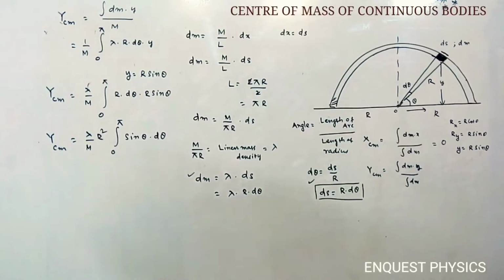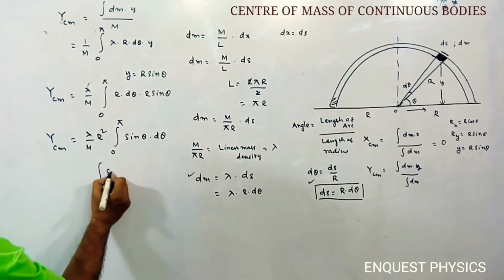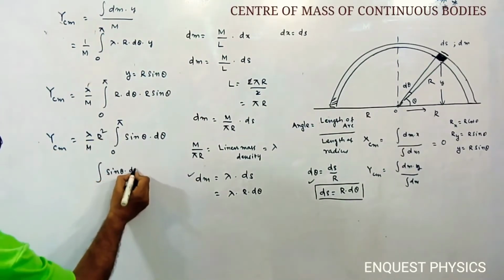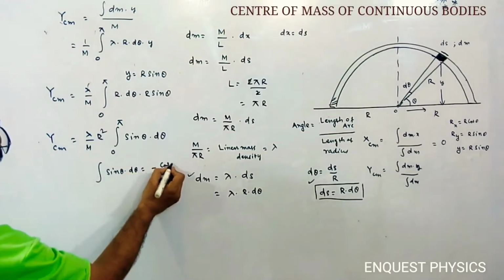As you know, the integration of sin theta d theta is equal to minus cos theta.